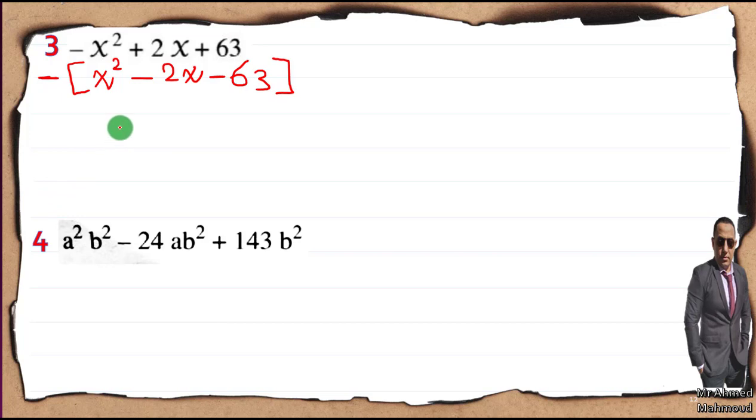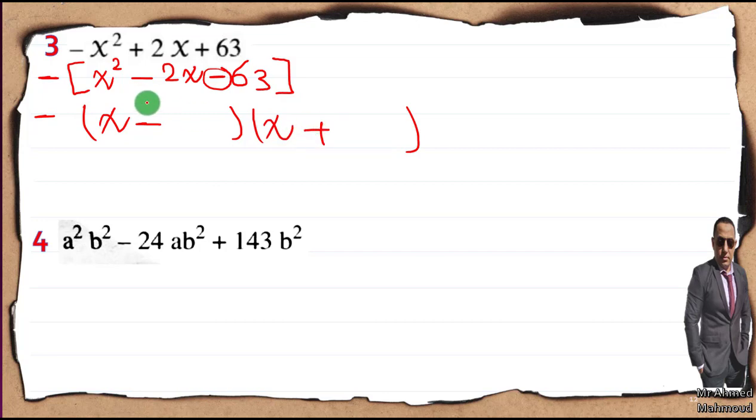The second step, I'm going to write the negative outside like this and open two brackets as usual. X power of 2 will be x and x. Because this sign is negative, I need two different signs, so negative positive or positive negative.